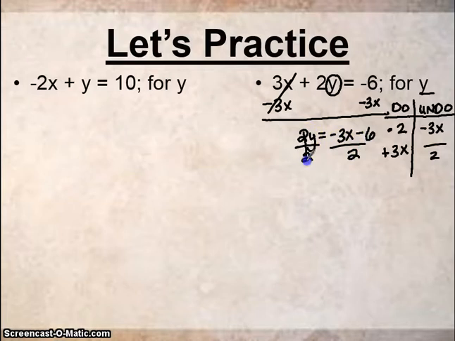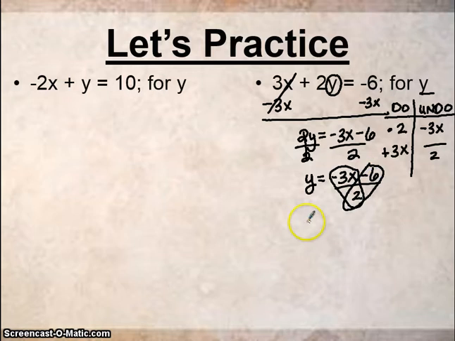2 divided by 2 makes 1. We get 1y, or just y, equals negative 3x minus 6 divided by 2. Now we're not finished because we have shared division here. Negative 3x is being divided by 2, and negative 6 is being divided by 2.